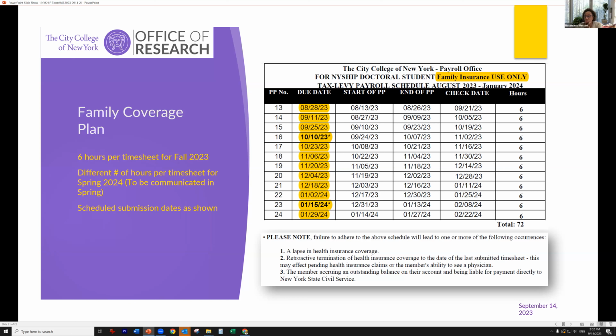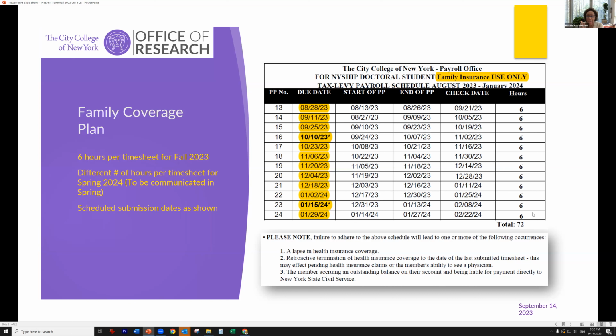So again, these are the minimum hours that are necessary to pay the premiums along with any other deductions per pay period. And if faculty or students choose not to follow this guideline, then it's on the faculty to pay the difference, and it's on the student to pay the premium if his or her check does not have enough money in it to pay the premium.